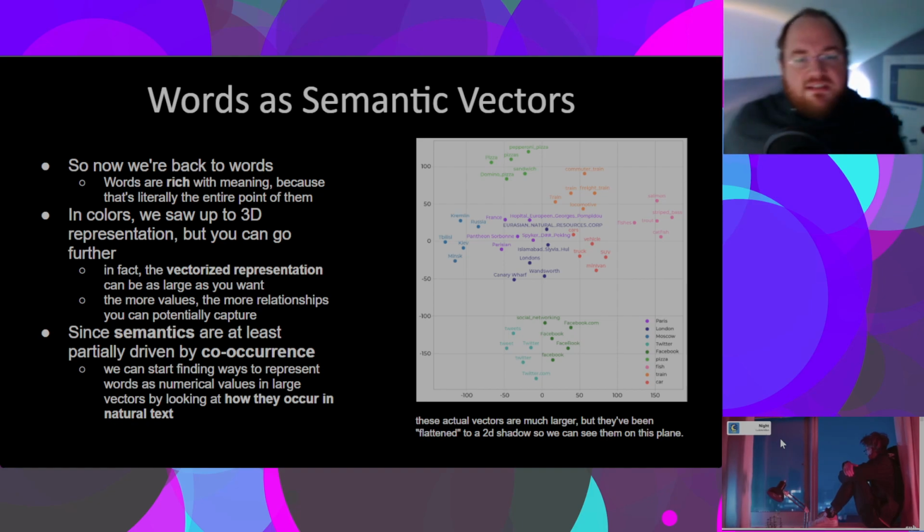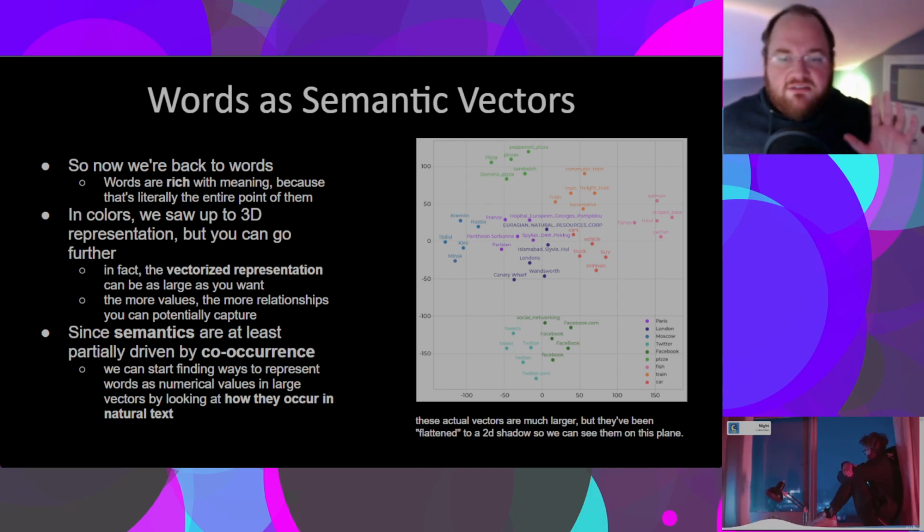In colors, we saw up to a 3D representation, but you can go a lot further than that. In fact, vectorized representations could be as large as you want. We'll talk about some examples here. And the more values you have in a vector, the more potential relationships you can capture, right? It's not just red, green, and blue. It's any number of connections between other concepts, right?